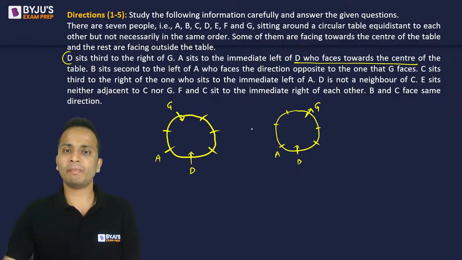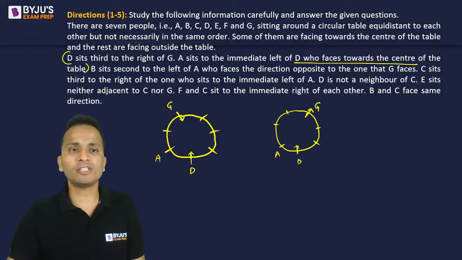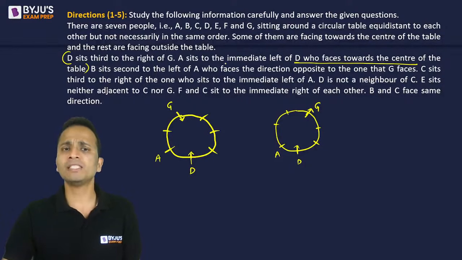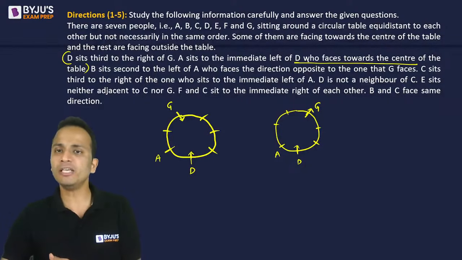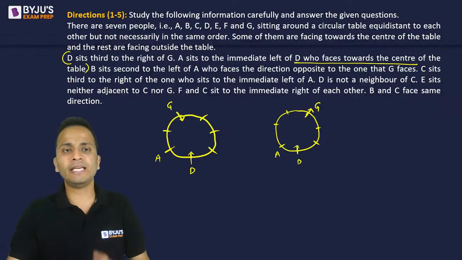Okay, so depending upon the other conditions, I'll be continuing and then probably will eliminate any of the cases, right? So first two conditions have been decoded. D sits third to the right of G. A sits to the immediate left of D who faces the center of the table, right?